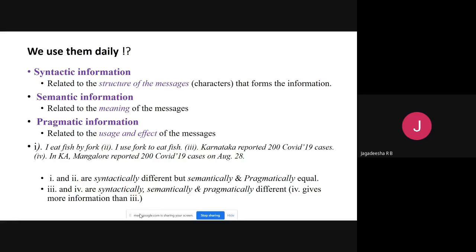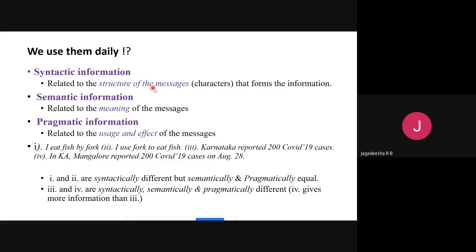What happens in 3 and 4? In the case of 3 and 4, they are syntactically, semantically, and pragmatically different. Why? Because Karnataka reported this many cases, and Mangalore reported so many cases on this particular day.